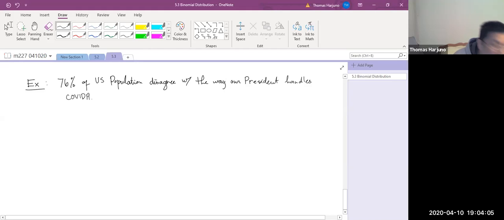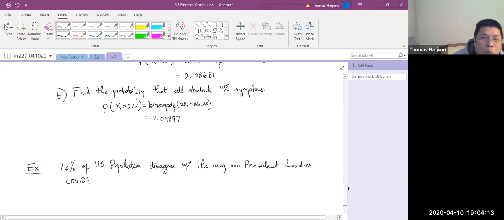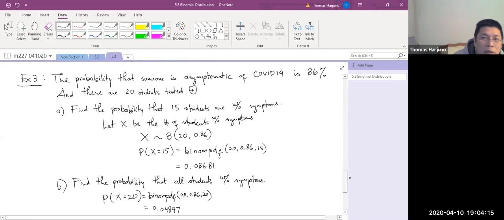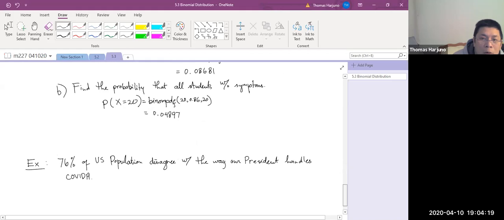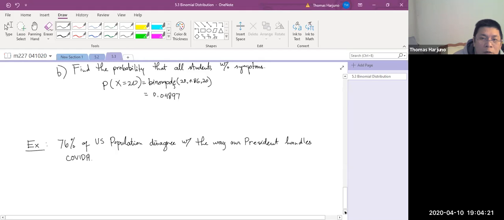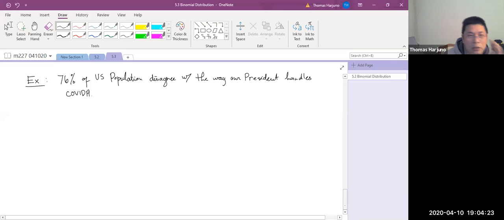Okay. Again, I believe I already said the disclaimer. Whatever example I use in this class is not supposed to be interpreted as my support or opposition to certain policies, certain people, or the government. No. We just see this from a statistics point of view.